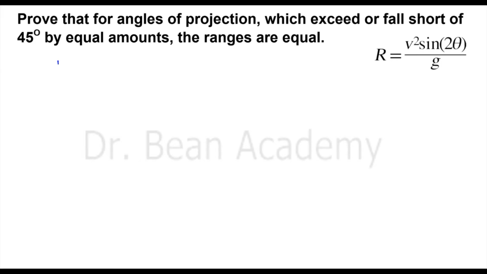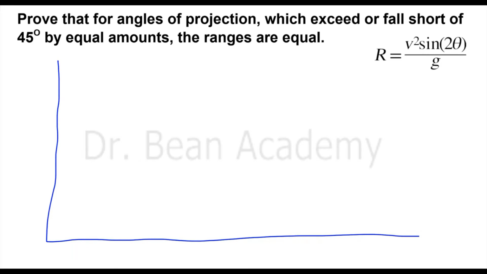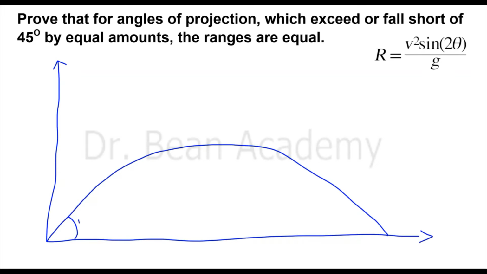It says that for a projectile, suppose here are my axes, and we know that we get a maximum range if a projectile is fired at an angle of 45 degrees.